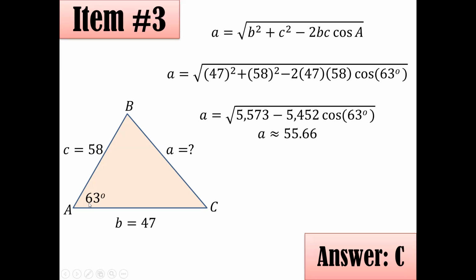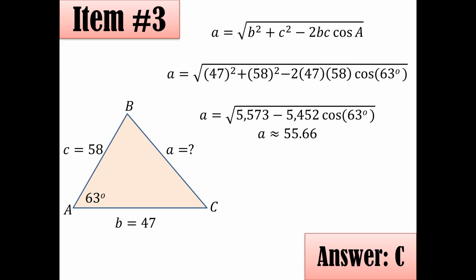And if we use our calculators, you will get a side length which is approximately 55.66. So if you answered letter C, congratulations. Very good. So careful po ha, for cosine law, SAS or SSS lang.